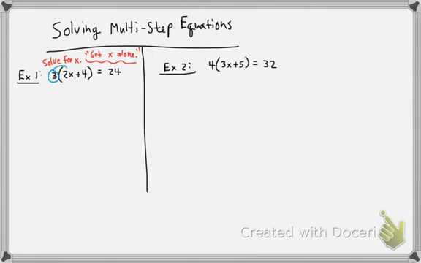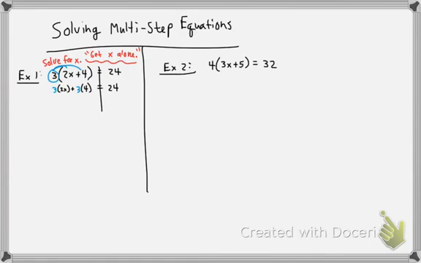So I need to do a 3 times a 2x. So 3 times 2x. And then I got to do a 3 times 4. And on the right, I still got my 24, okay?